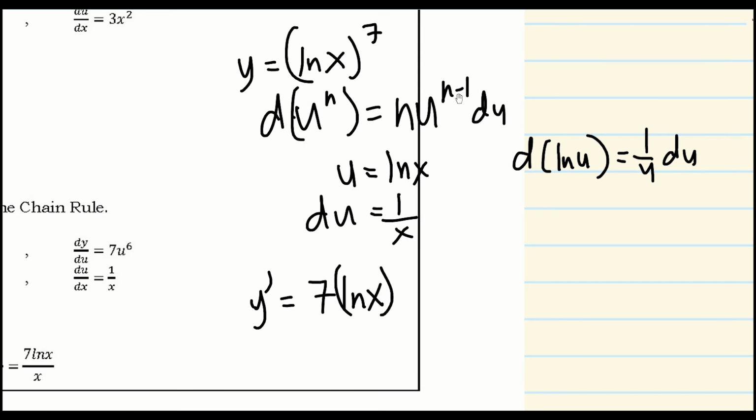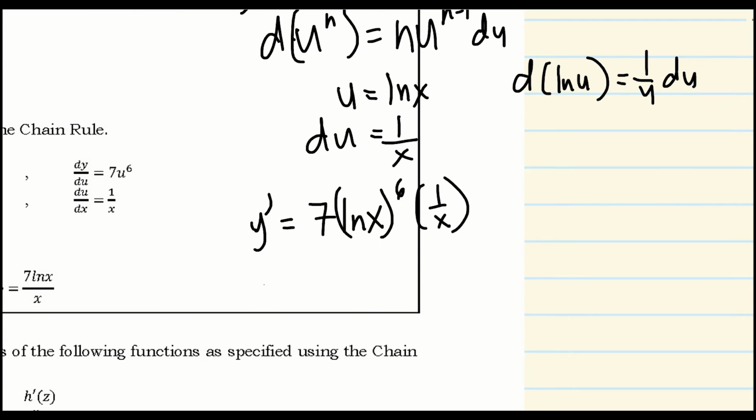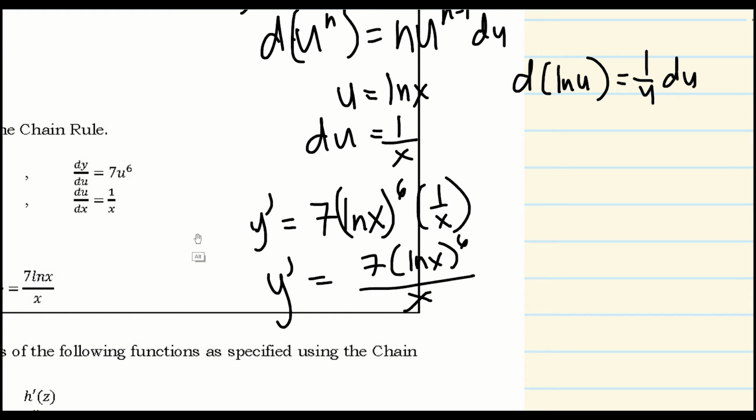Then 7 minus 1 is 6, so the power is 6. Then du is times 1 over x. So we have equal to 7 times ln x to the power of 6 over x.